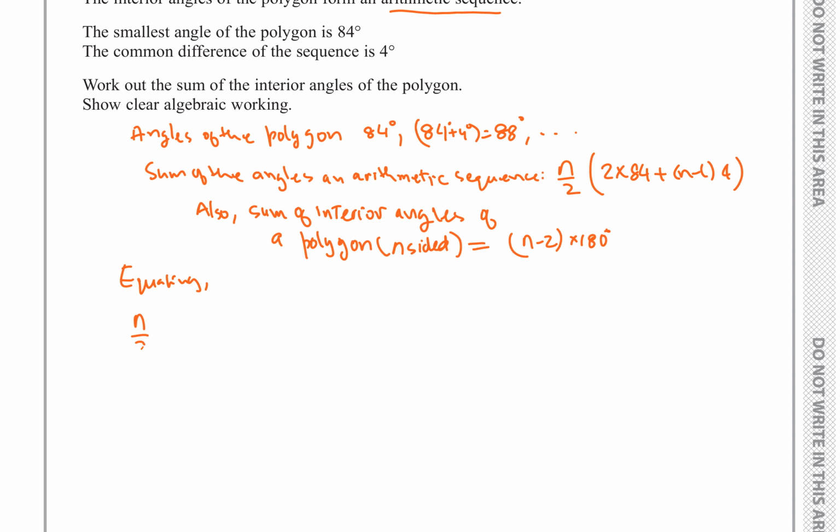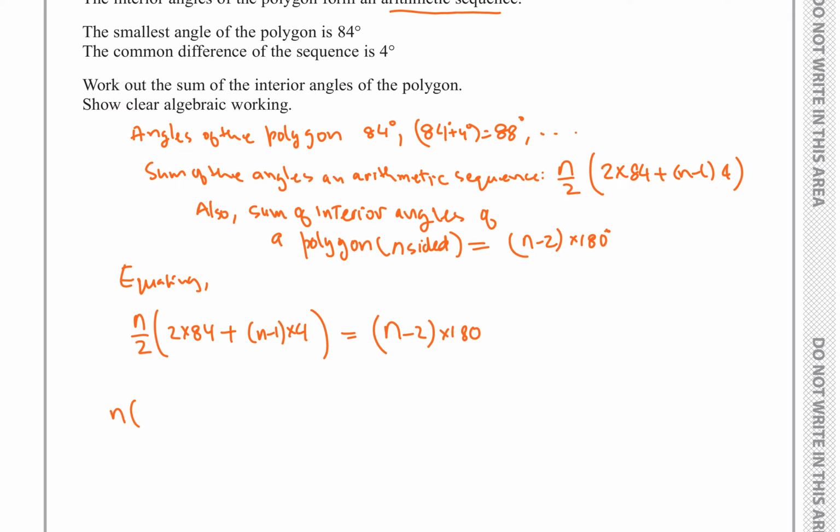I would get n over 2 times 2 times 84 plus n minus 1 times 4, and that is equal to n minus 2 times 180 degrees. So I can simplify it a bit more, I can cancel the 2.